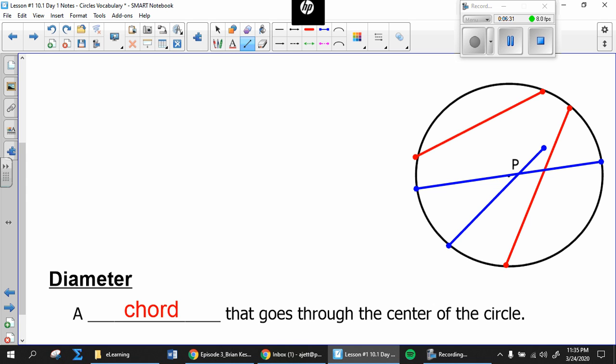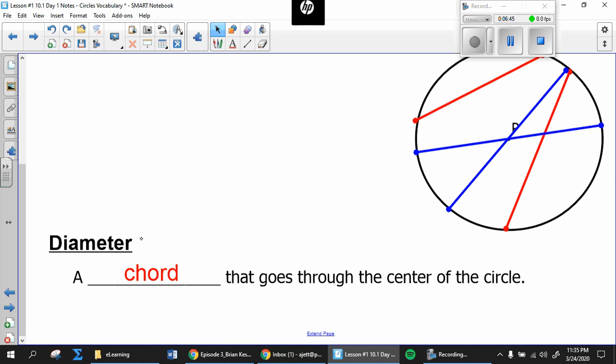I could go from here, through the center. That's a diameter. It is still a segment, it still stops, but it has to go through the center. And we know, from the warm-up, that the diameter is twice as big as the radius. The radius is half the size of the diameter.